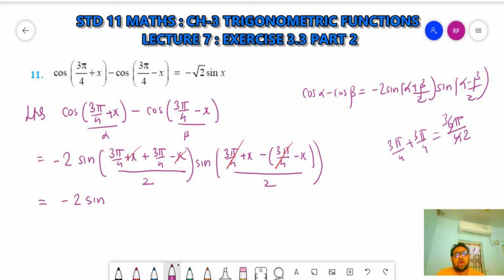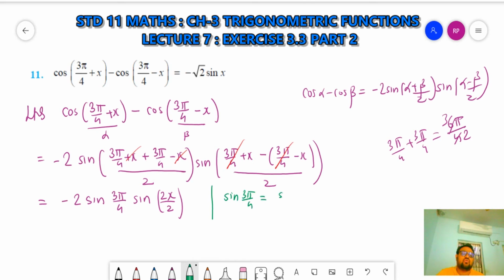Then 3 pi by 2 upon 2 is equal to 3 pi by 4. Clear? Sine of (x minus minus x), plus x, so 2x upon 2. So what I am doing is finding out the value of sine 3 pi by 4 here.